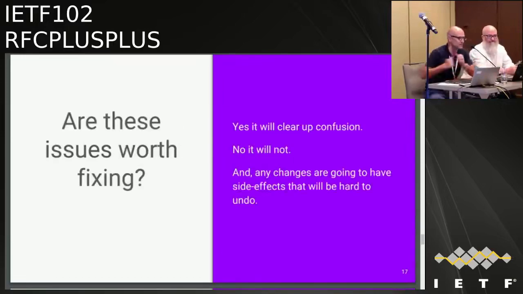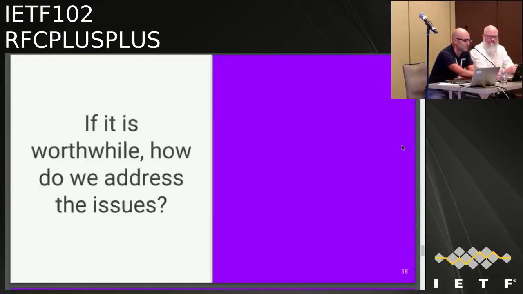The next one is, assuming there's an issue or several issues, or people have perceived issues, are they worth fixing? We have also heard some people who thought, sure, there's an issue, but we don't think it's worth fixing, right? So that's also worthwhile knowing, and we would like people, when they speak about whether there are issues, to also address this. And finally, if there's an issue and we want to fix it, how would we go about addressing that?